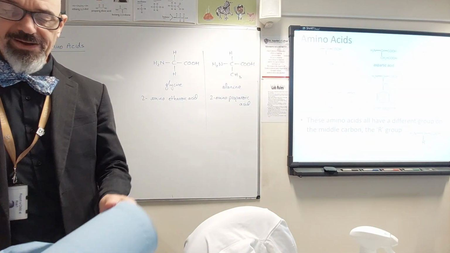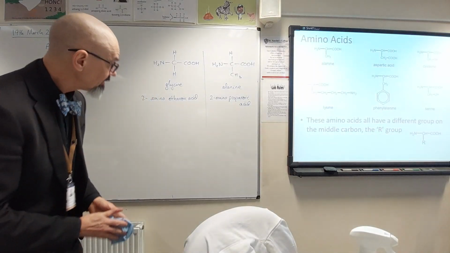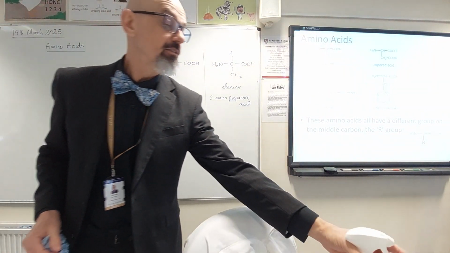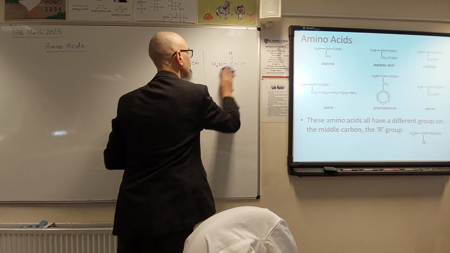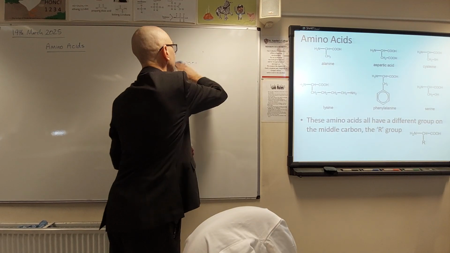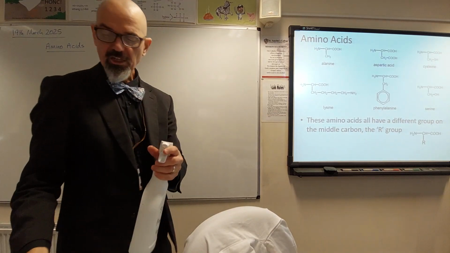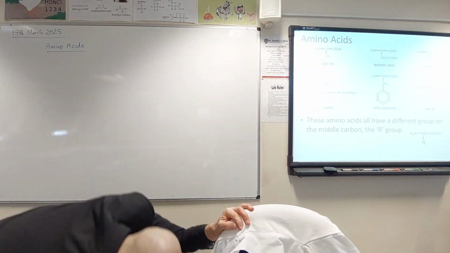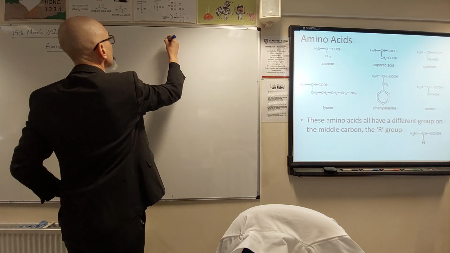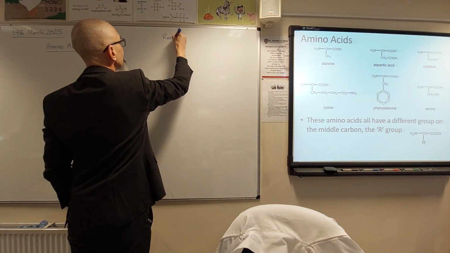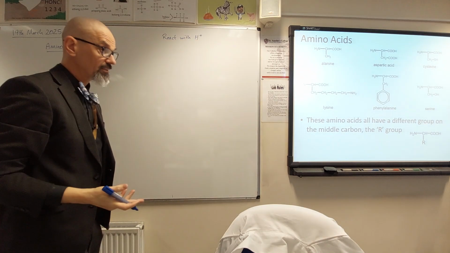So the different amino acids have slightly different properties, but they're all capable of doing the same basic reactions. So for starters, they will all react with acid because they've all got an amine group.